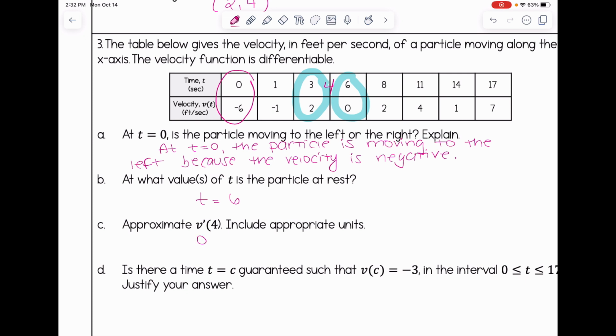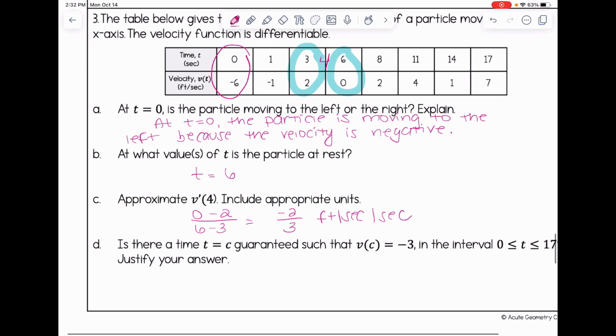So I would have 0 minus 2, change in y values, over 6 minus 3, change in x's. So this would give me negative 2/3. And our units for velocity were feet per second, but we're finding the rate of change of velocity, the derivative of velocity. So it's going to be feet per second squared.